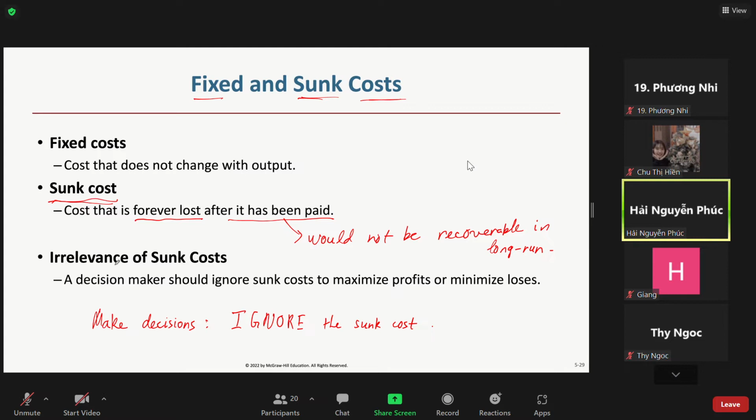You should think at the margin. You should think only about the marginal benefit and marginal cost, not the total benefit and total cost. They are not relevant. It is what we call economic thinking, or thinking at the margin. All right.